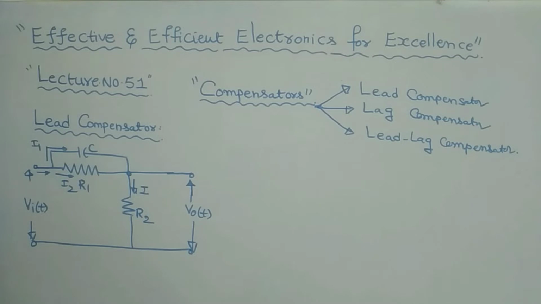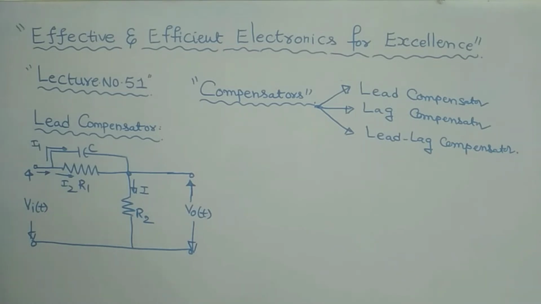Sometimes, in order to improve the performance and accuracy of a control system, we need to give some additional external circuit. That may be a component or any circuit that is given externally to a particular control system.